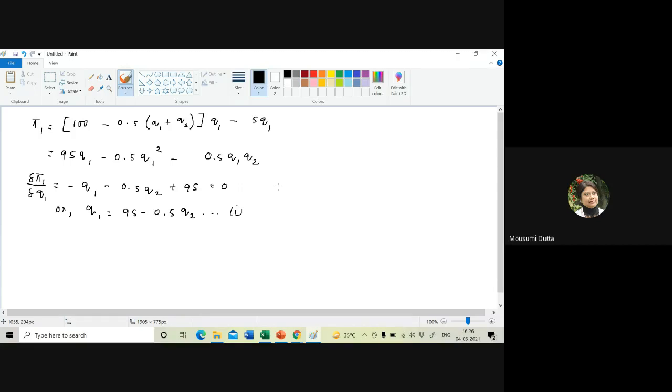So everybody got this result? Yes, ma'am. Will you agree? This is the reaction curve of firm 1.